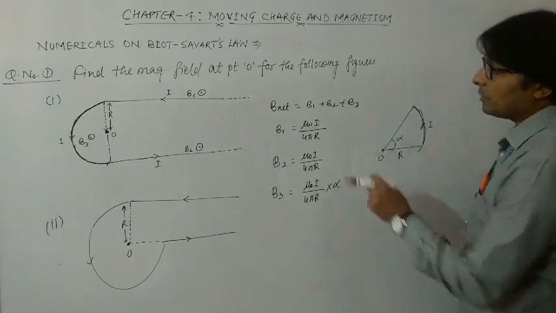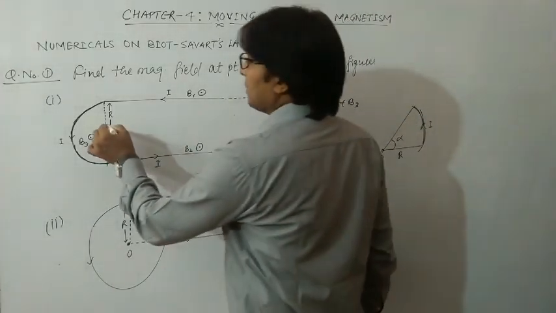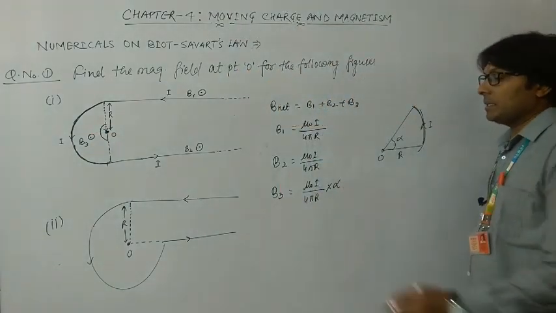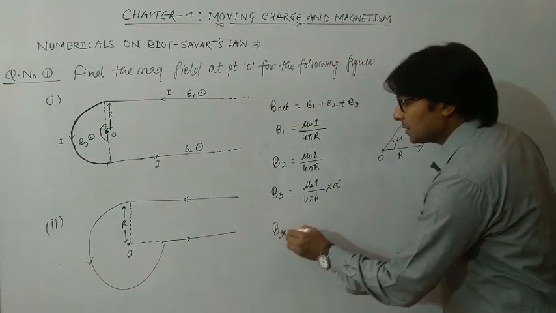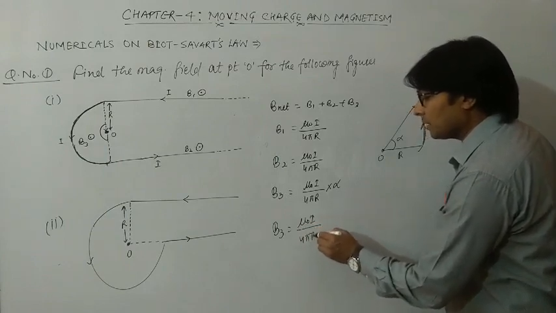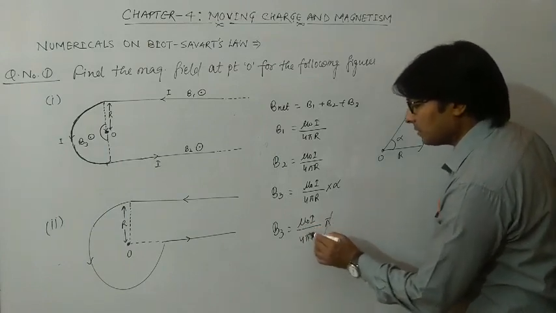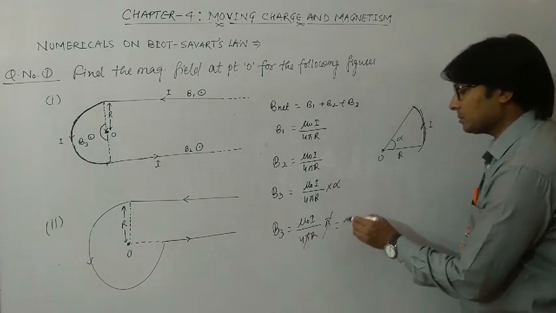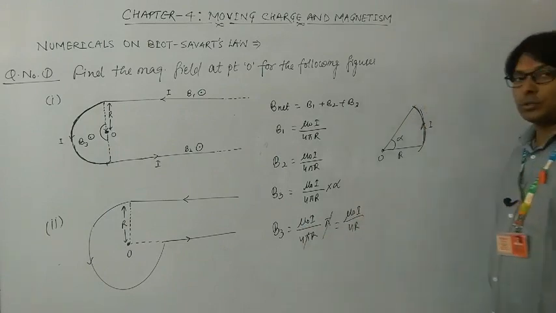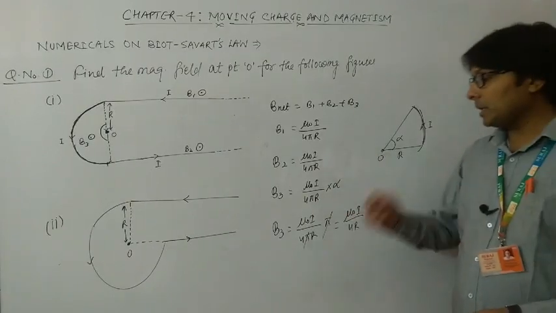So the value of alpha here will be pi radian. So B3 becomes mu 0 I upon 4 pi r into pi. The pi will cancel out with this pi, so it comes out to be mu 0 I upon 4r. So these are the values of B1, B2 and B3.